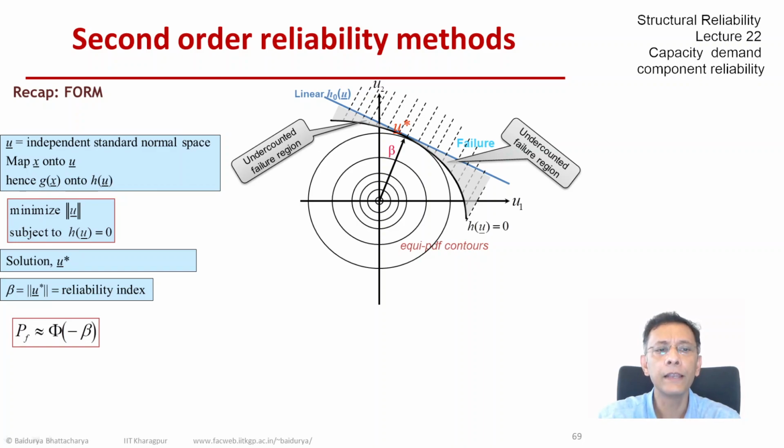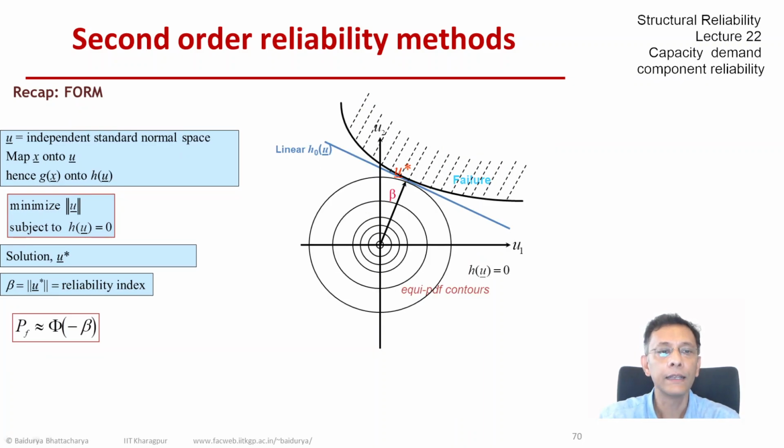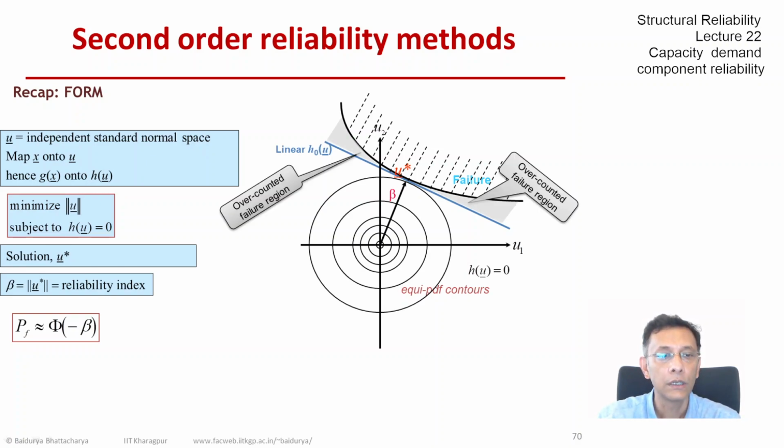Obviously the failure region doesn't have to be concave like this, it could be convex, and then if we linearized H with H0, we would overcount. We would be overcounting the failure probability because now we have those additional shaded regions which actually do not contribute to failure in reality.